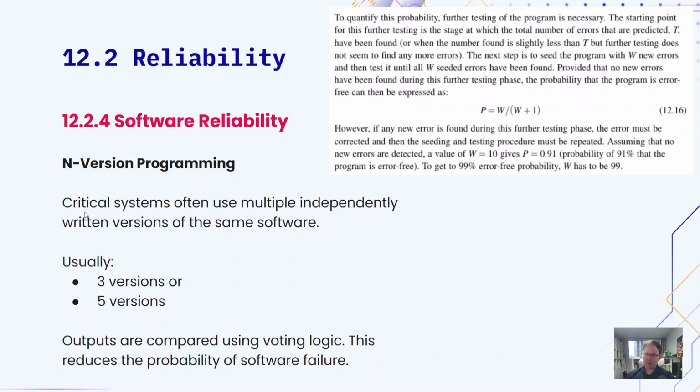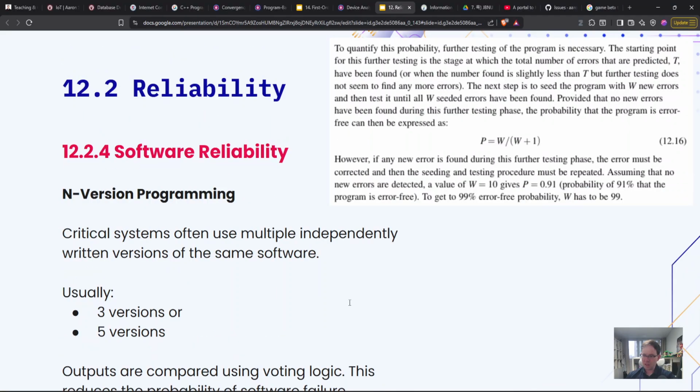Critical systems often use multiple independently written versions of the same software, usually 3 or 5 versions. This is similar to A/B testing, like with YouTube video thumbnails. Outputs are compared against voting logic. This reduces the probability of system failure.